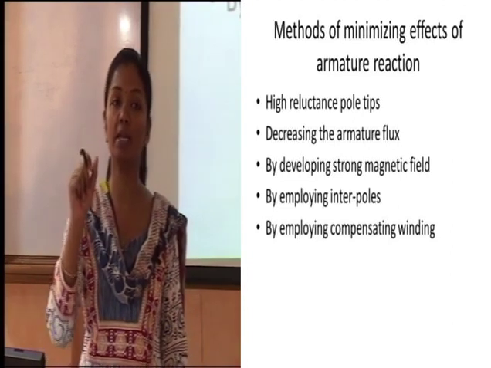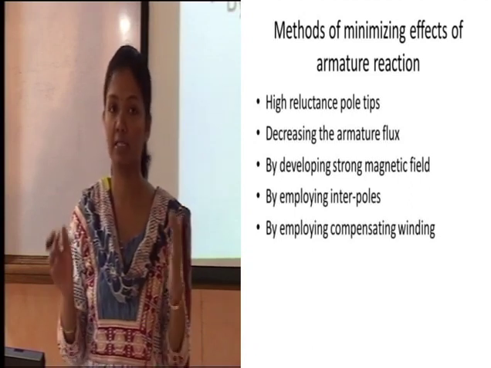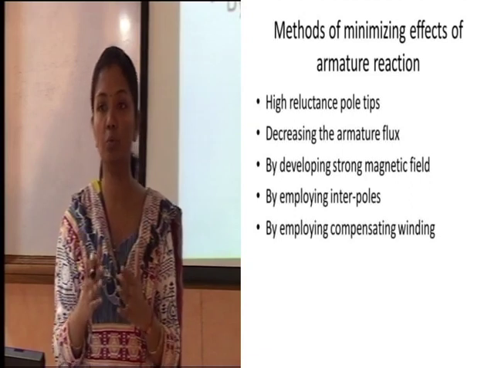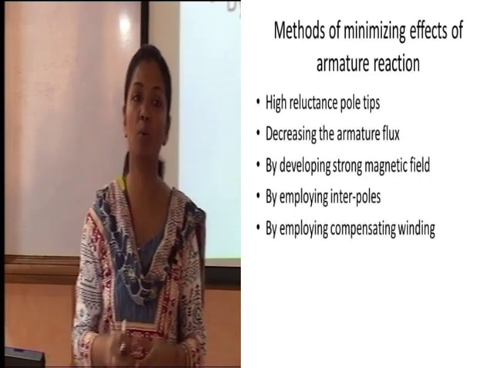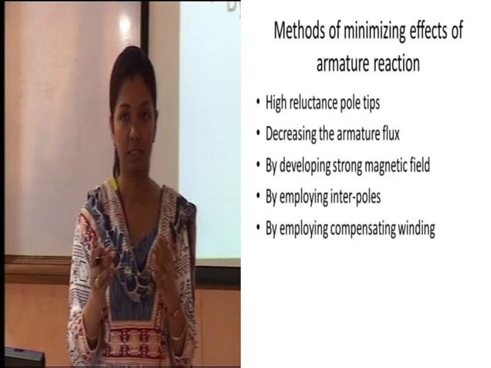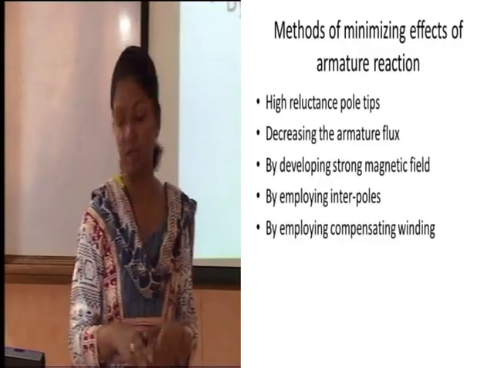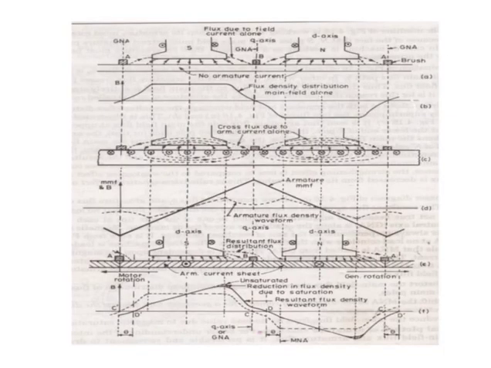Interpoles are small capacity poles located in the interpolar area, that is the area between the two main poles, and these small poles provide the flux density just opposite to the armature flux, so that the net flux in the interpolar area is nullified.